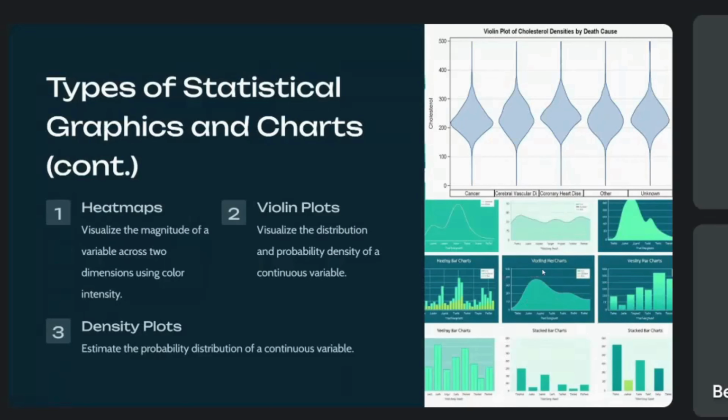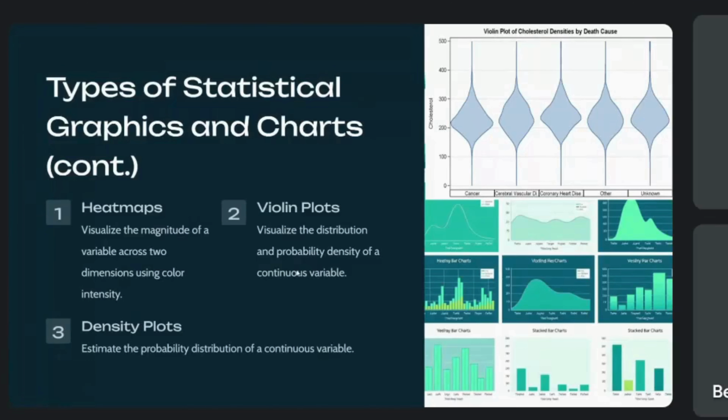You see, this is the violin plot, and this is the density chart. This represents a probability distribution of data which is numeric.